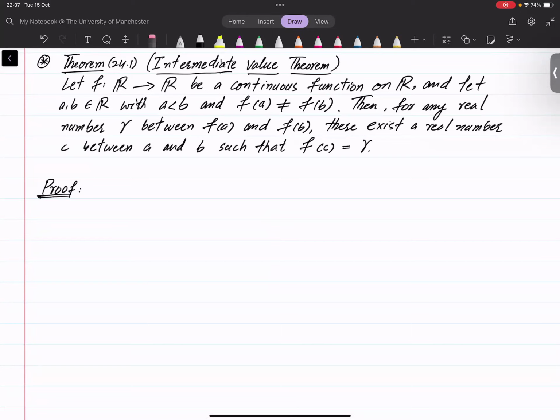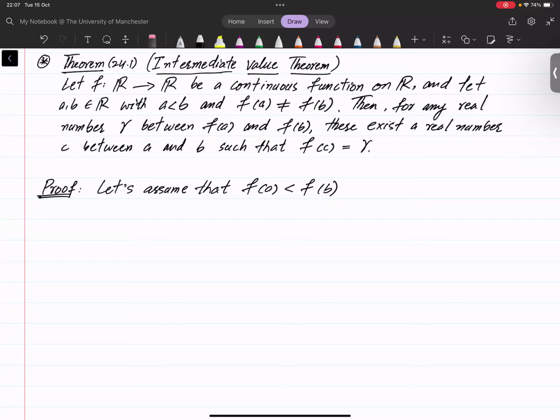Let's assume that f of a is less than f of b, and we are doing this case.